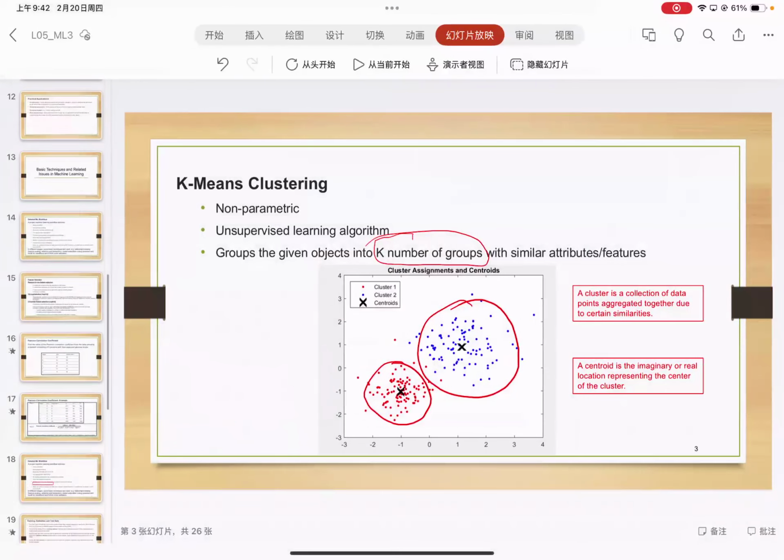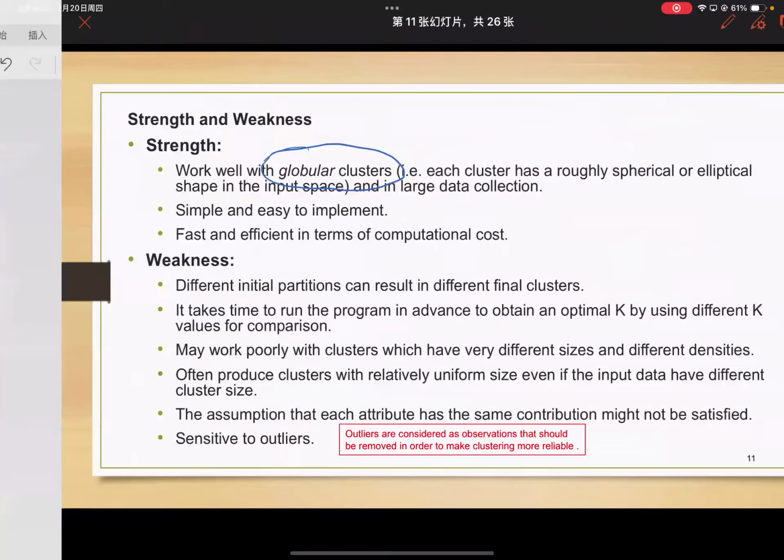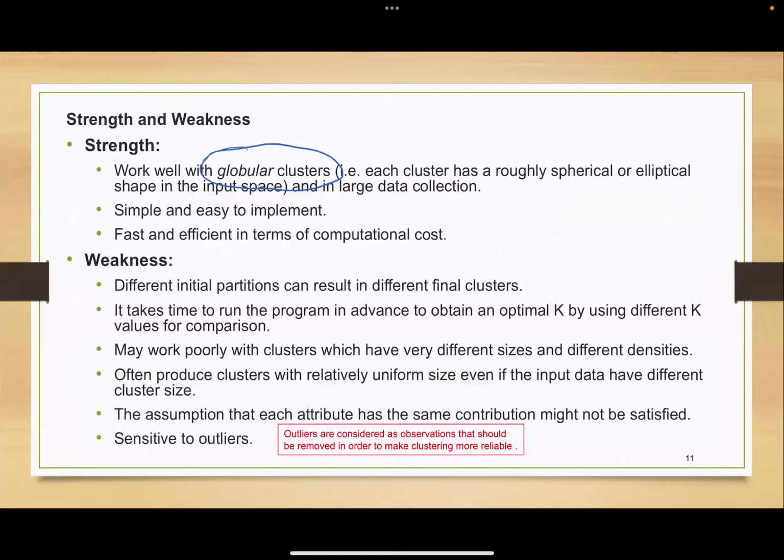Okay, and let's go back to the slide here. And it is simple and easy to implement, right? So you can see the calculation is very easy. We just need to find the center of the data group. So it is fast and efficient in terms of computational cost. Because like in KNN, every time we have a new data point, we need to calculate the distance to all other data.